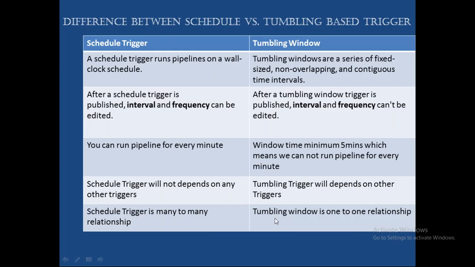What are the other things? Tumbling window you can use for processing your historical data, but schedule trigger you cannot use for processing your historical data. One more difference is, in schedule trigger we have frequencies like hours, minutes, days, week, and months, but in tumbling window the frequency that we have is only minutes and hours.